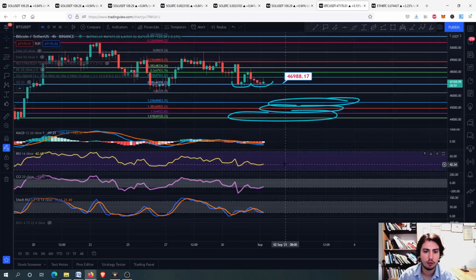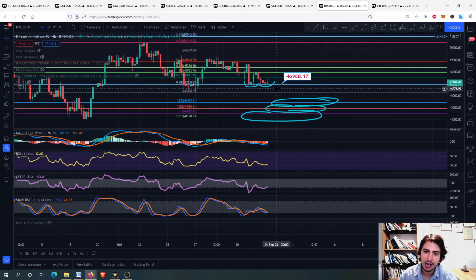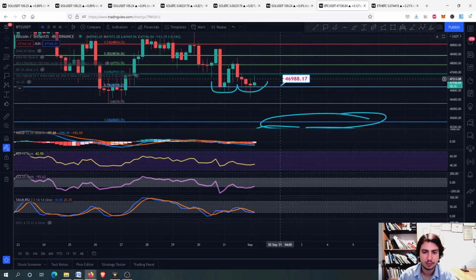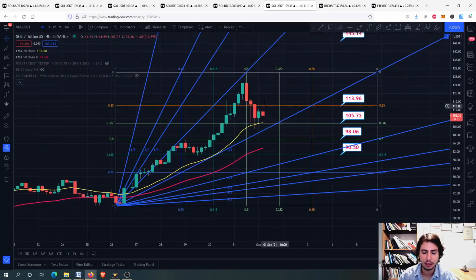Let's see the 4-hour frame. Not a bullish, maybe a bullish RSI divergence actually. And we might be getting upwards from the moment we do not close below the 47,800. Okay, so on the 4-hour frame, we might be getting that. And this will mean that it will help Solana.